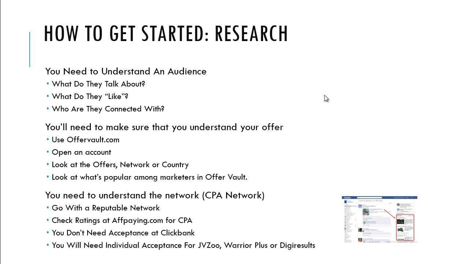Figure out if that network is reputable, and if people are getting paid from the offers they're running, because you want to know that before you start promoting an offer and build up lots of commissions, and then find out that the CPA network's not going to pay you, or that the offer typically doesn't pay on this particular network. You need to know that up front before you pick a network, before you pick an offer, and before you decide to set things up and start marketing that offer.